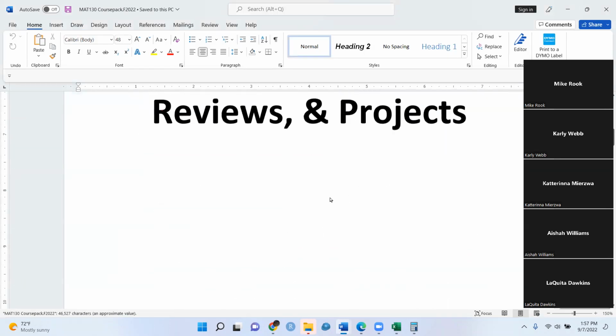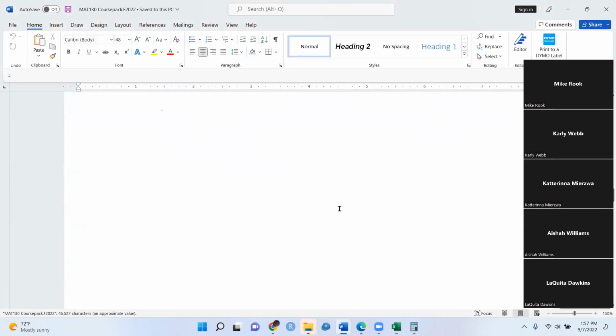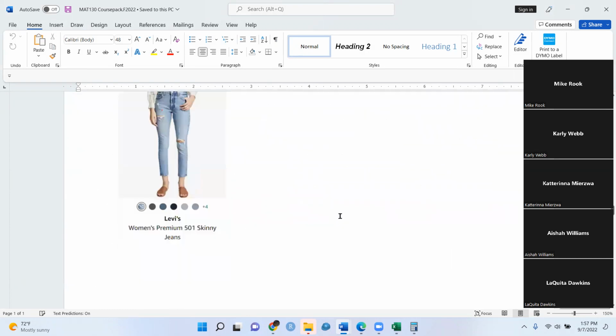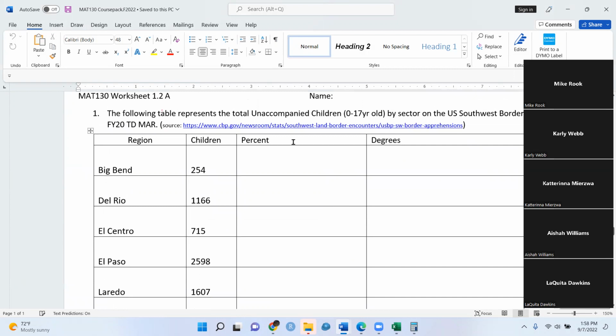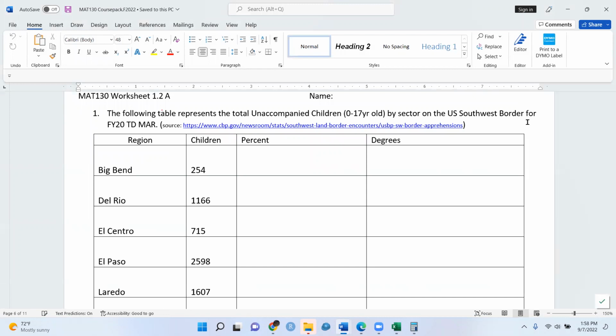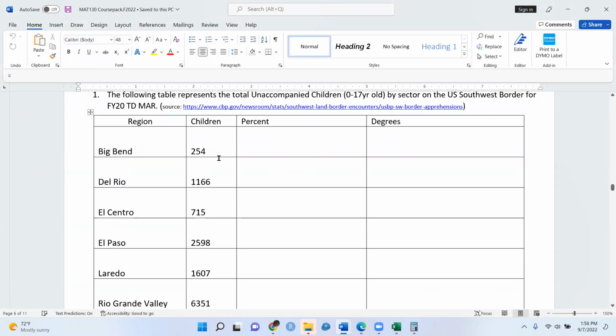What I have shown you here in Excel is how I would encourage you to do this 1-2 worksheet. So I went to this website, the CBP, what is that? Customs and Border Patrol website from the government, back in 2020. And I took the data.